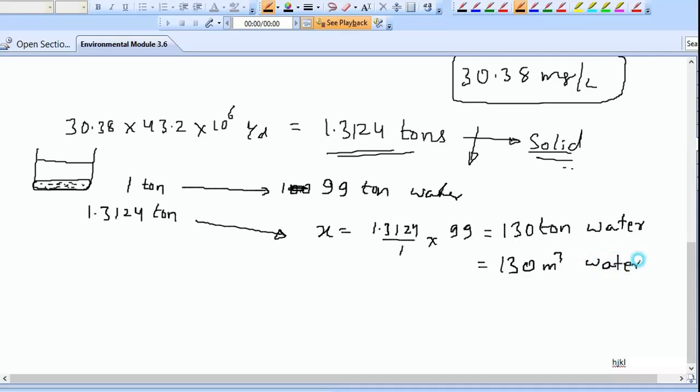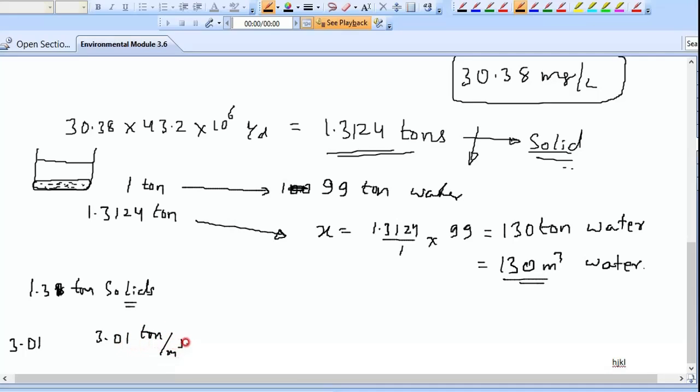Meter cube of water. Okay, this I got. Now 1.31 ton of solids means how much volume it takes. For that, a specific gravity is given 3.01 and we will convert it into density. Its density becomes 3.01 ton per meter cube.